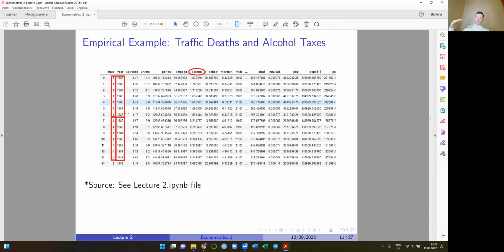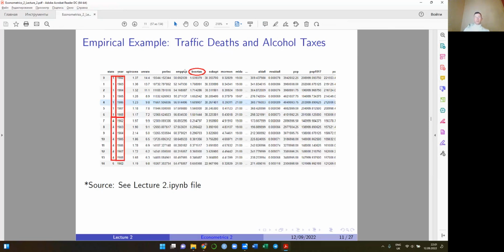So every row in this table now represents an entity-time observation, in our case, a state-year observation. And then we have a lot of variables collected on this state-year observation.